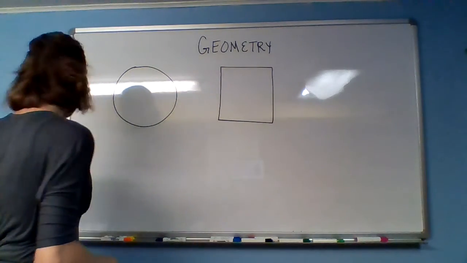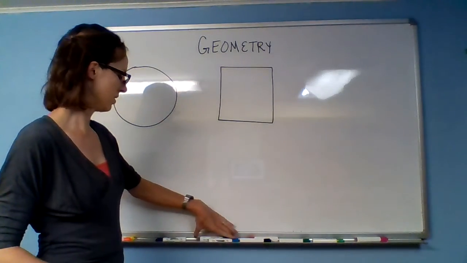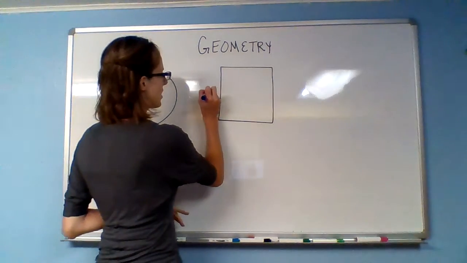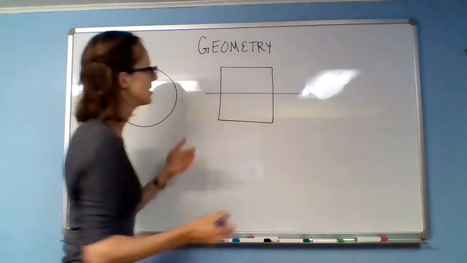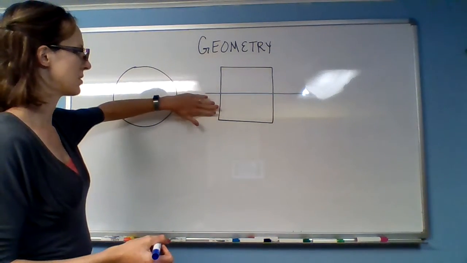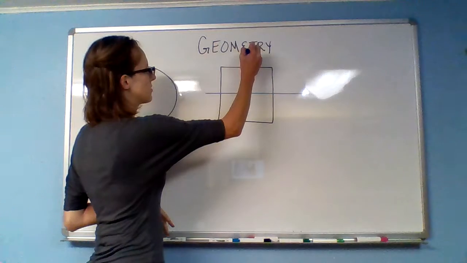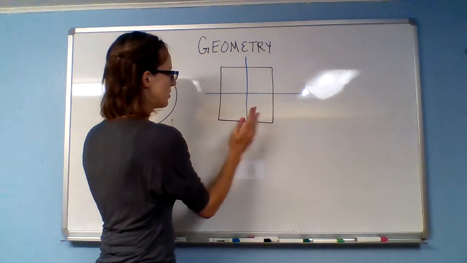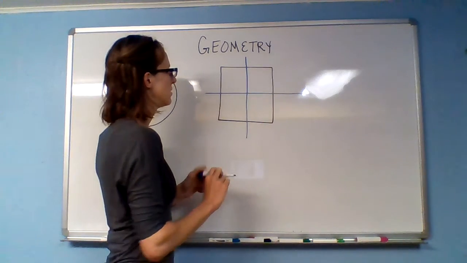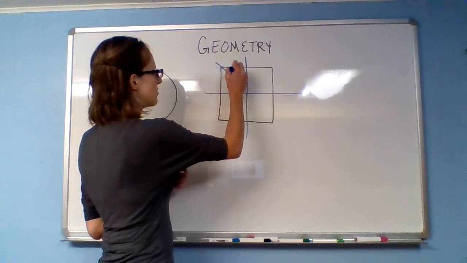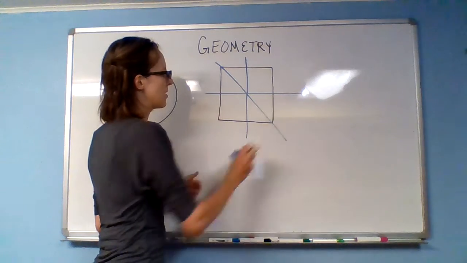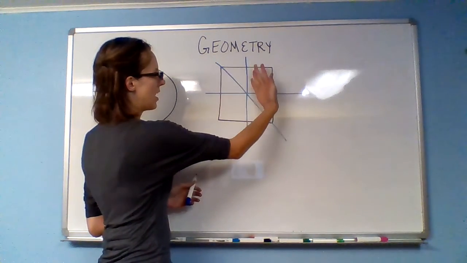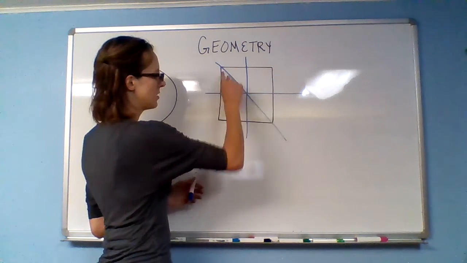Now a square has a couple bonus lines of symmetry. So I could divide a square across the middle like this and have the top half fold down onto the bottom. I could divide it vertically like this and have the left half fold over onto the right. I could also divide it from one vertex down to the other and have this triangle land onto this triangle.